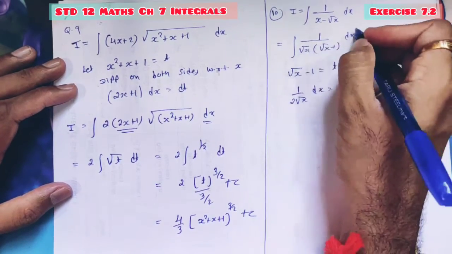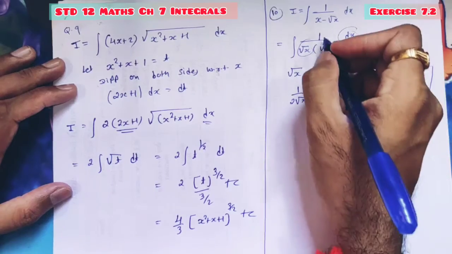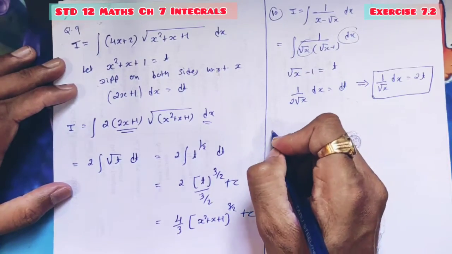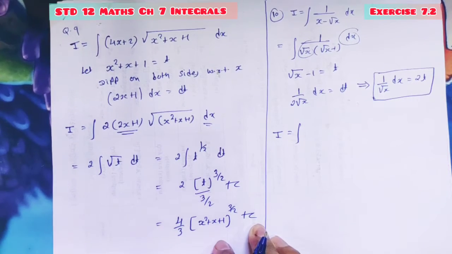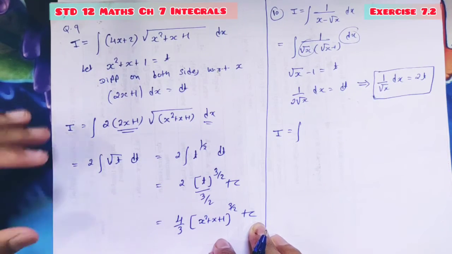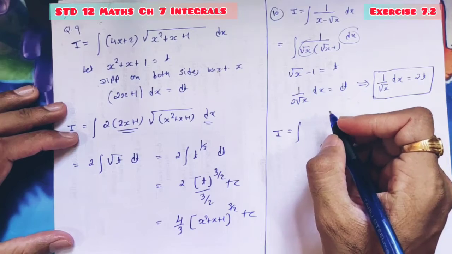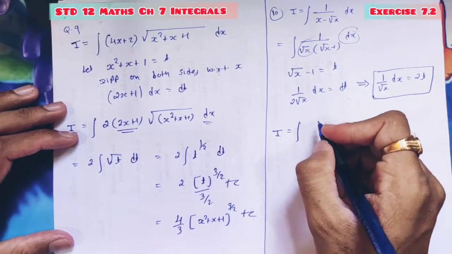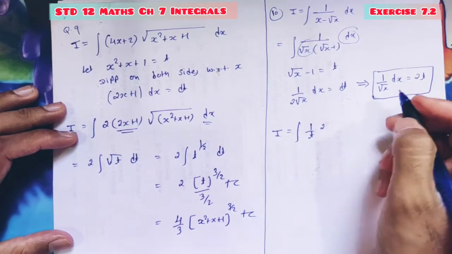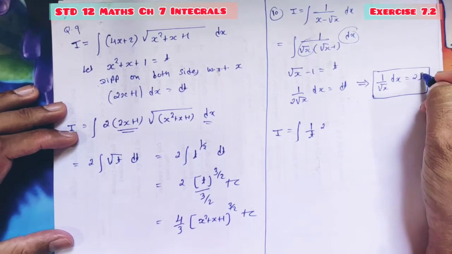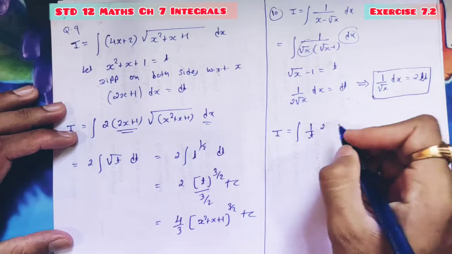So 1 upon root x dx will be equal to 2 dt, and root x minus 1 is t. So integration I equal to 1 upon t, 2 dt.